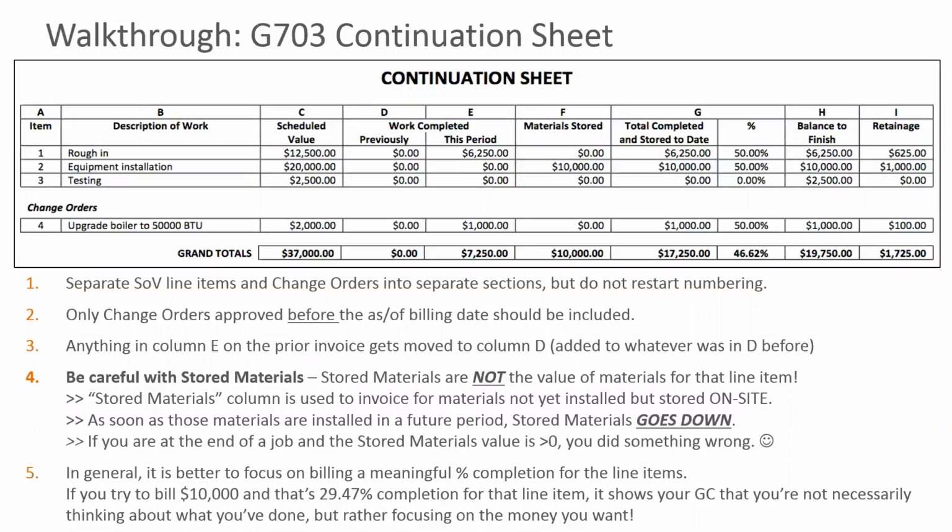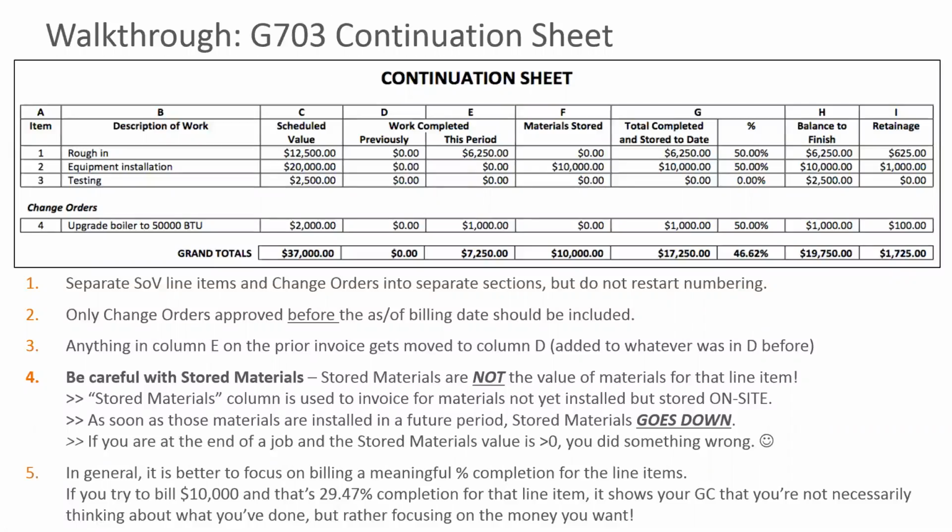So the stored materials goes down, work completed goes up, and usually stored materials are done at cost. So usually your margin gets incorporated finally when it gets incorporated into the work. So if you end a job with any value greater than 0 in this column F, something has gone wrong. That's usually the good rule of thumb.